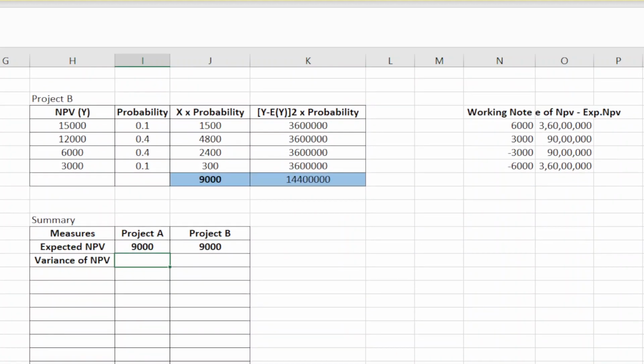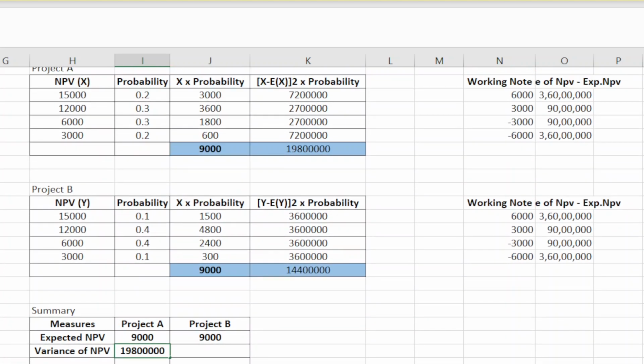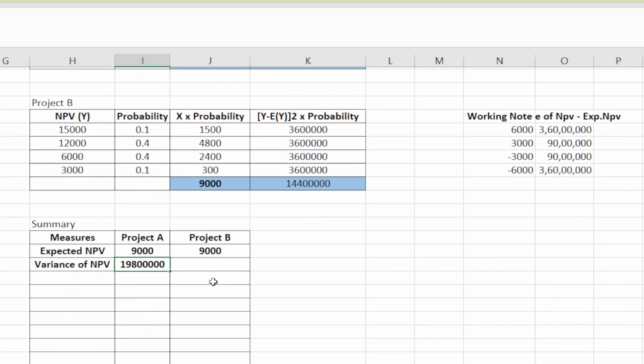Okay, 1 crore 98 lakhs. Correct. Yeah, 1 crore 98 lakh. And for project B it is 1 crore 44 lakhs.